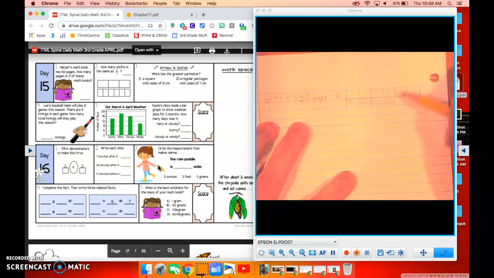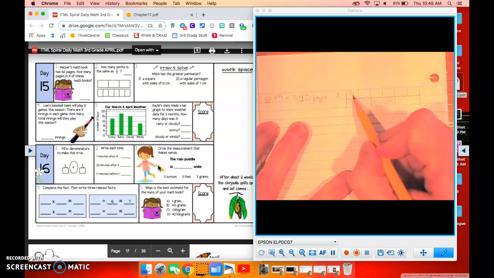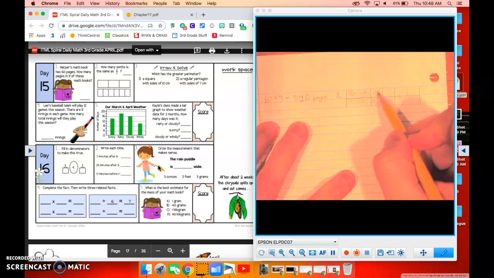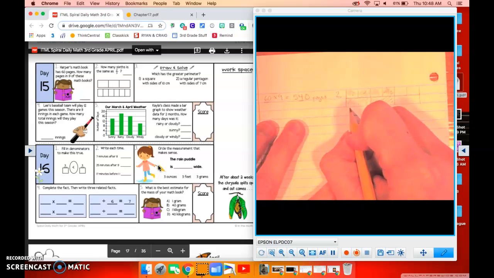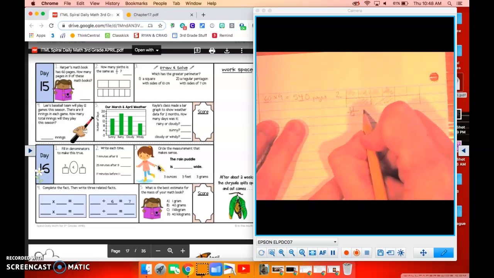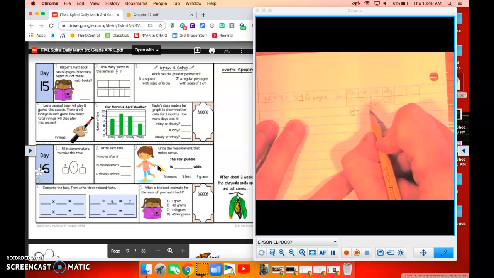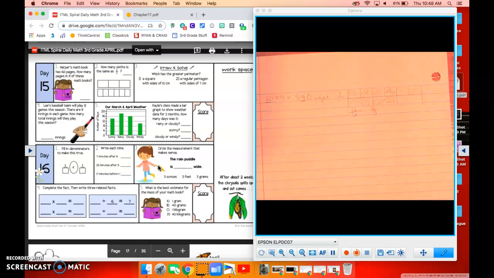So we need to fill it in up to this line. So there's 1/6, 2/6, 3/6, 4/6. Okay, so we're going to say that 4/6 is the same as 2/3. Or 3 times 2 is 6, 2 times 2 is 4. It's equivalent.